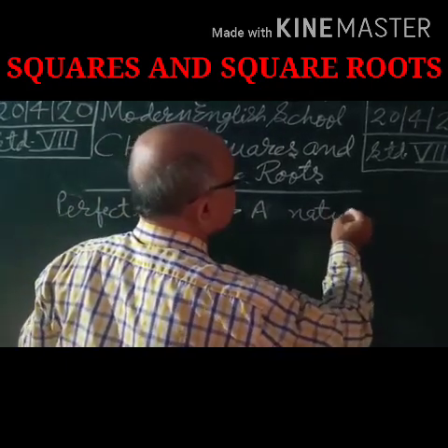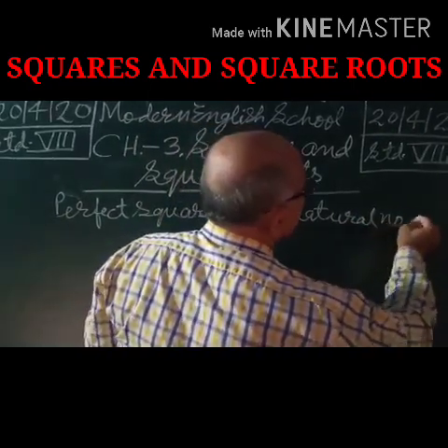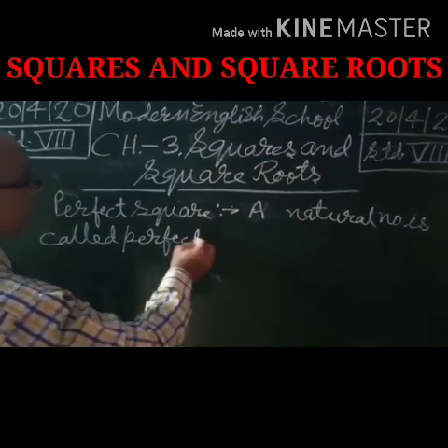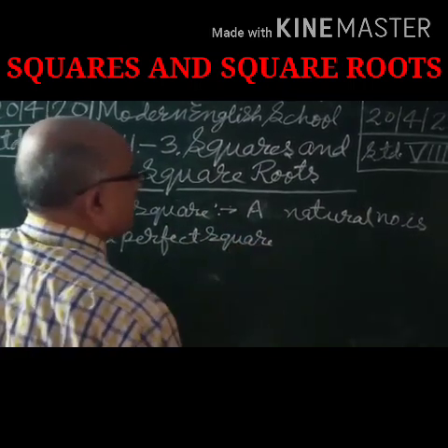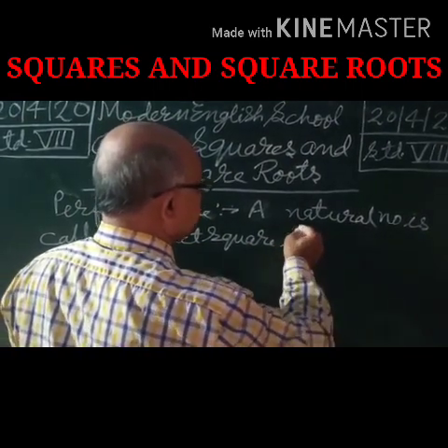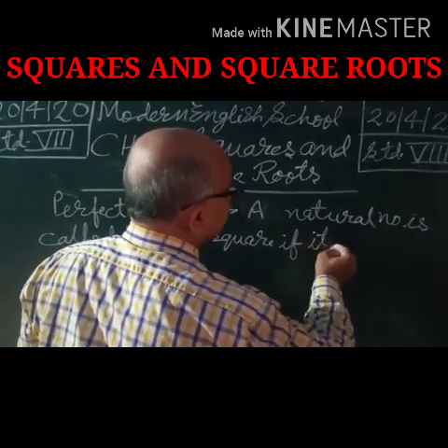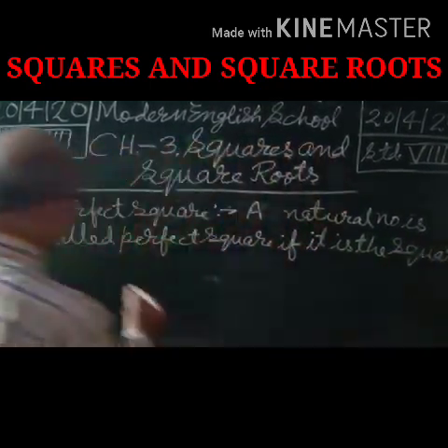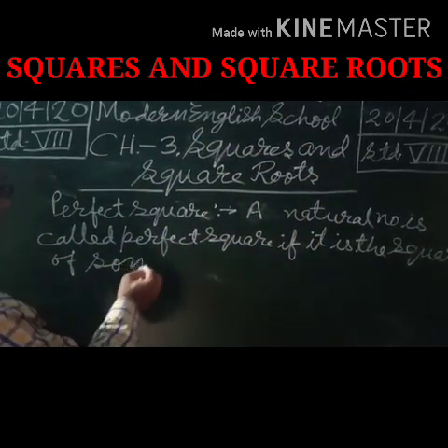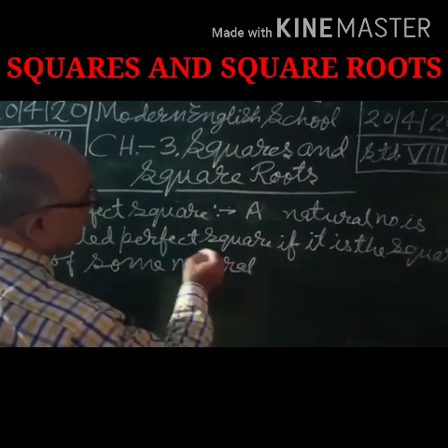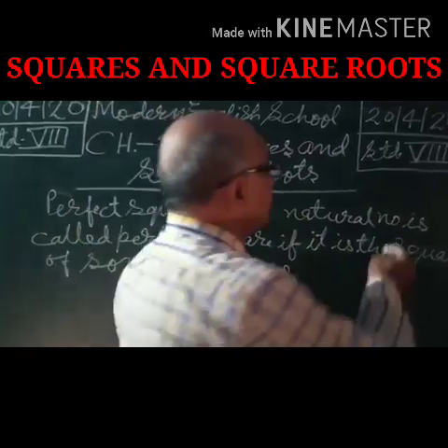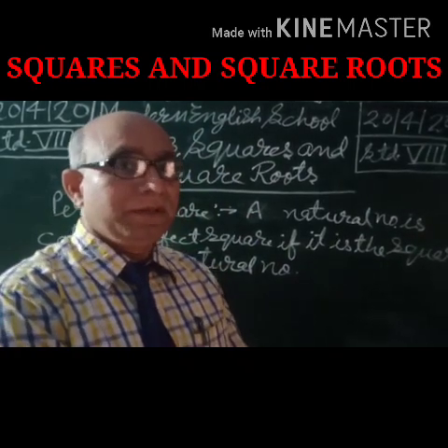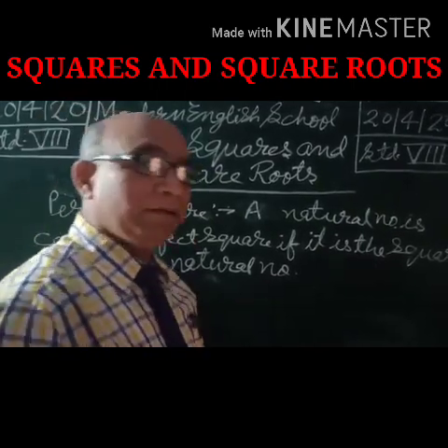A natural number is called a perfect square or a square number if it is the square of some natural number.